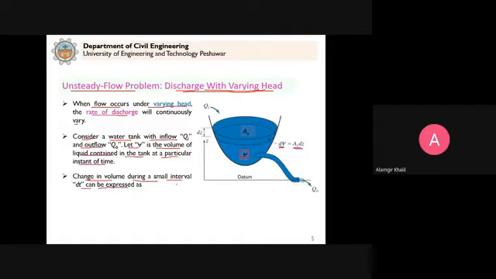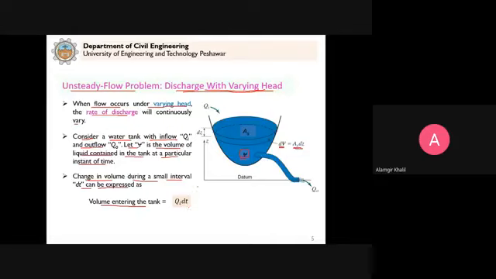Now we consider a small interval of time dt. In this dt, how much change in volume will occur? The volume entering the tank is given by Qi into dt.